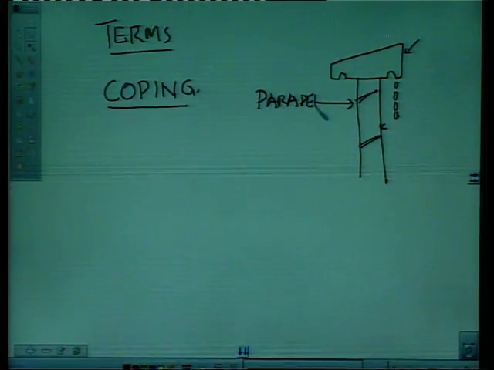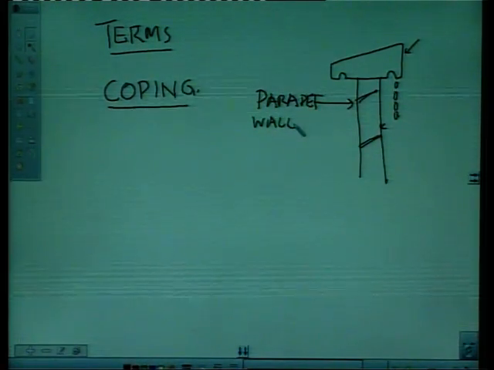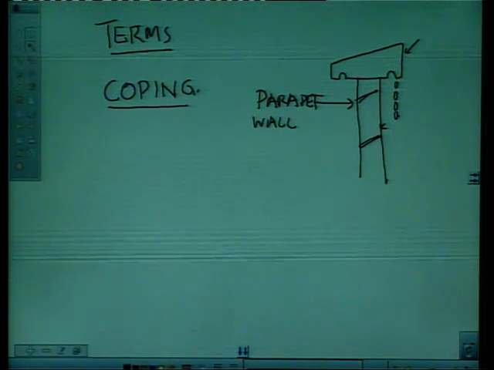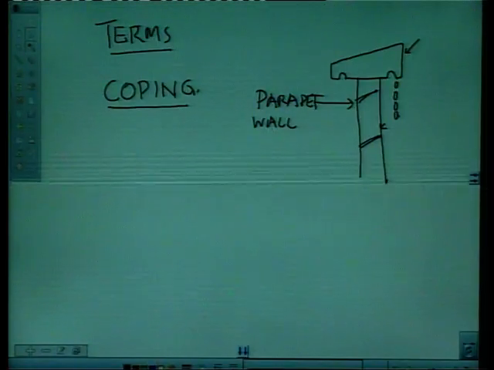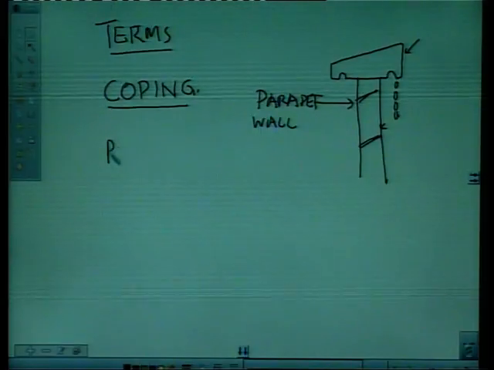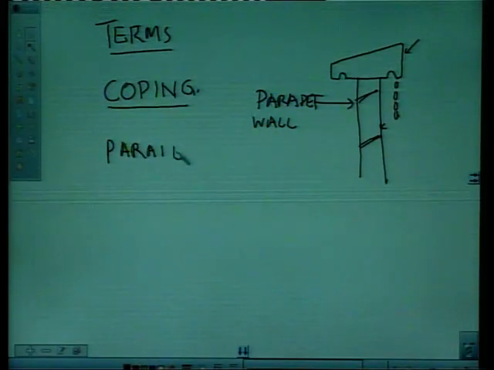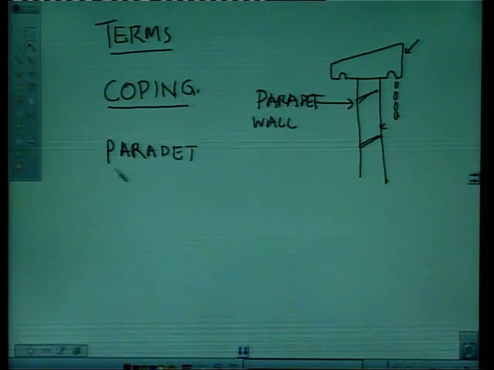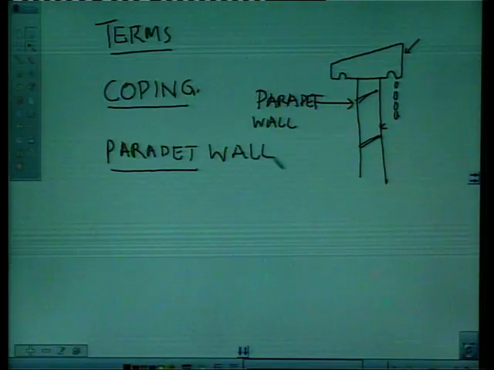Parapet wall is used for protection. It is a low wall constructed along the terrace for safety. So parapet wall is constructed for safety purpose.